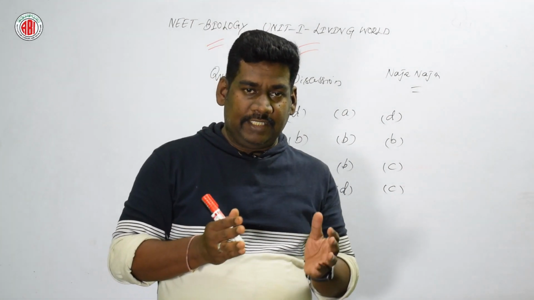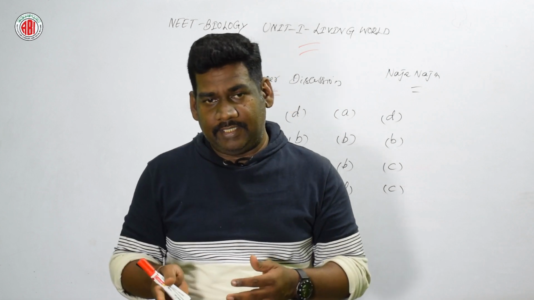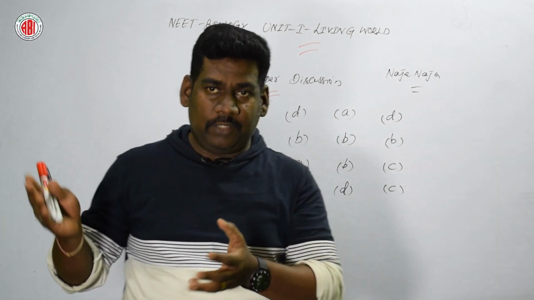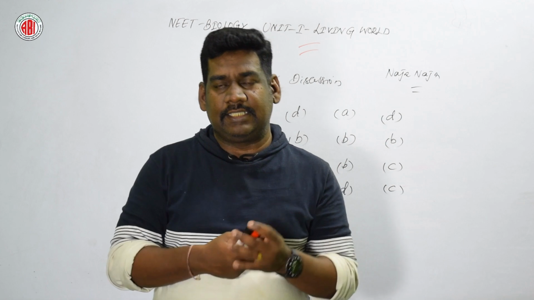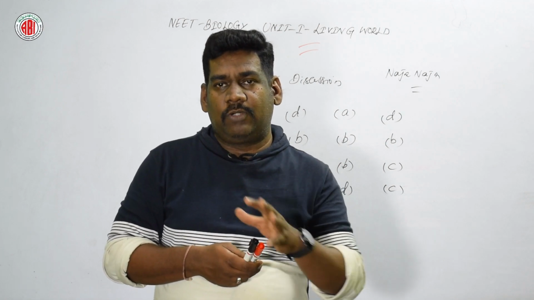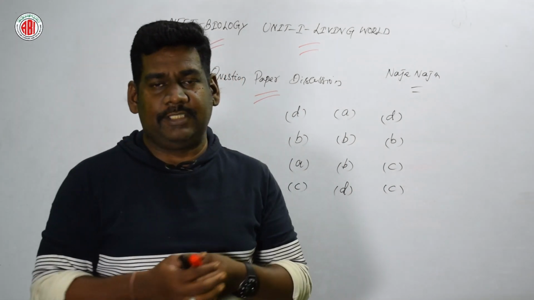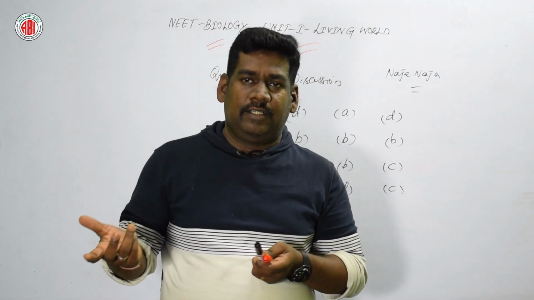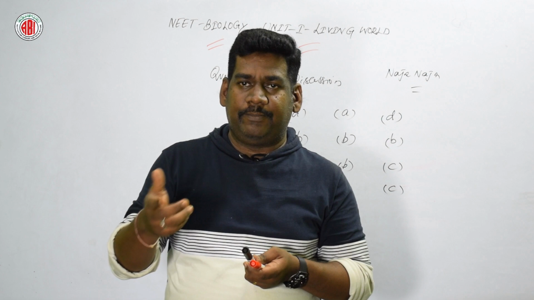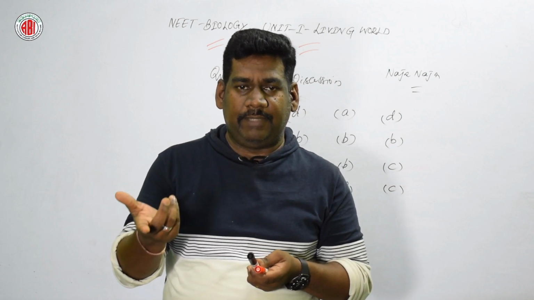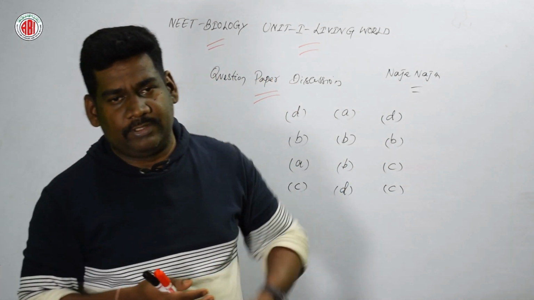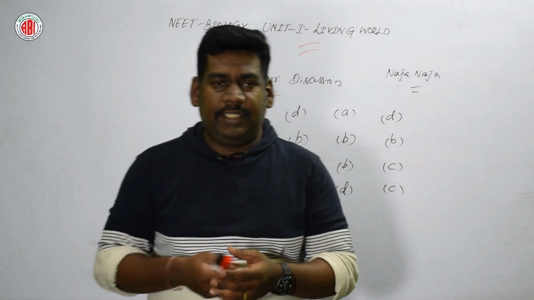First we write the genus, then the species, followed in some cases by the author who contributed to the particular species, his contribution towards the species. Like Carolus Linnaeus, Miller we write as Mill, these are a few examples. Now let us go for the next question.